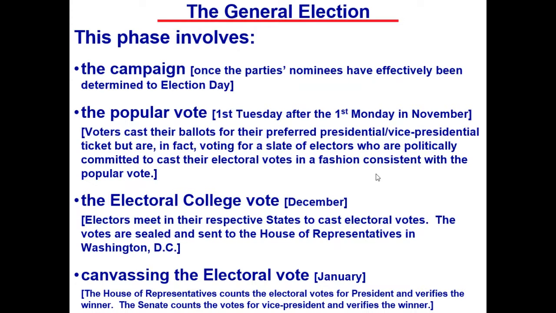electors in the electoral college override the popular vote if the electors are supposed to be representative of the popular vote? Well, let me say a couple of things about that. First of all, most of the time that doesn't happen. I know that we've had a couple of instances in your lifetime in which one candidate has won the national popular vote and another candidate has won the electoral vote.